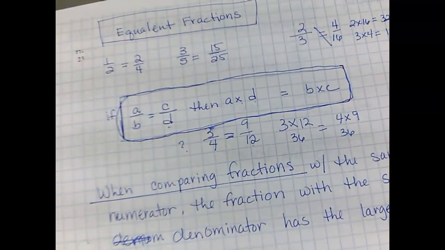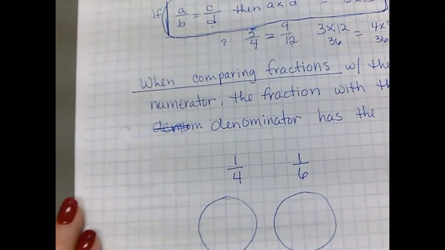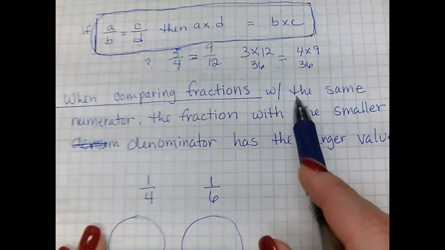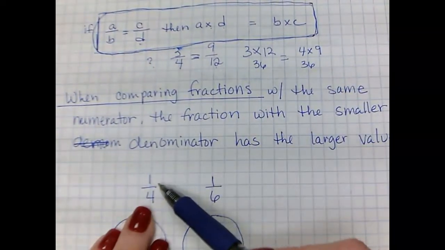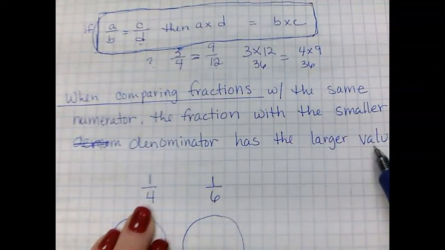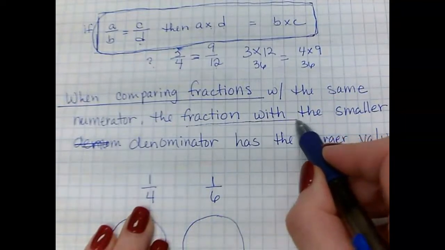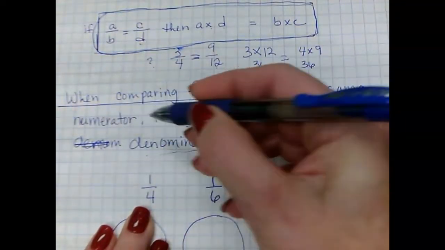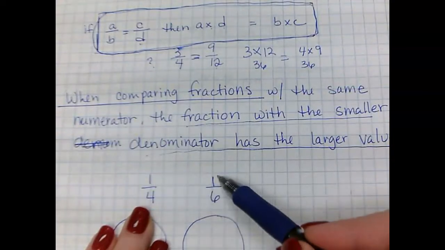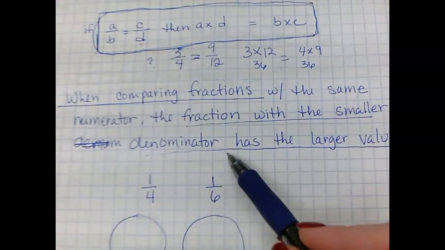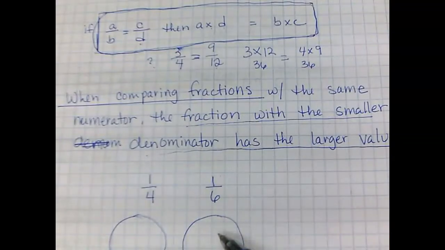Okay? Now, when comparing fractions to determine which one is bigger or not, if the numerator is the same, the fraction with the smaller denominator has a larger value. So remember that. The fraction with the smaller denominator has a larger value. That's if the numerator is the same. So here we have the same numerator, which is 1. And think about this.